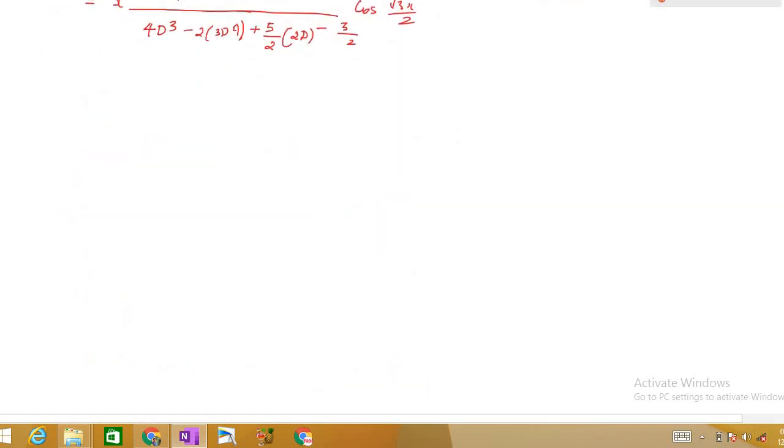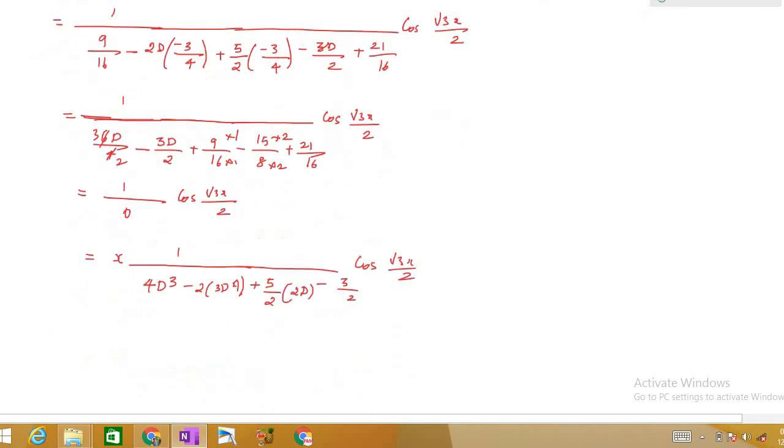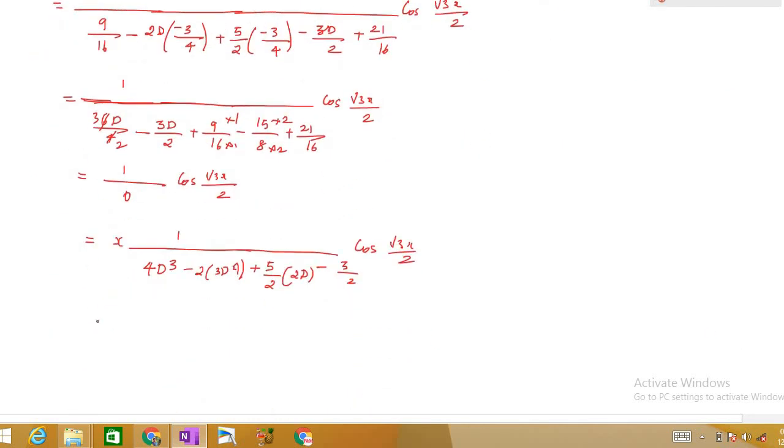Now this is nothing but x into 1 by 4D cube minus 6D square, this is 6D square, this 2 will get cancelled. So we will have 5D minus 3 by 2 into cos root 3x by 2.